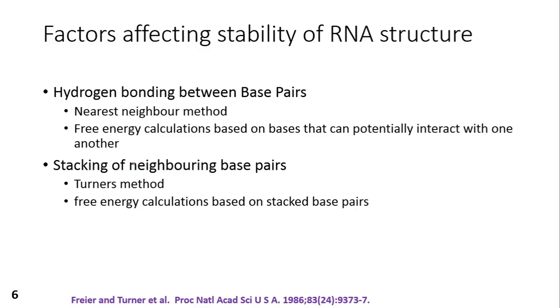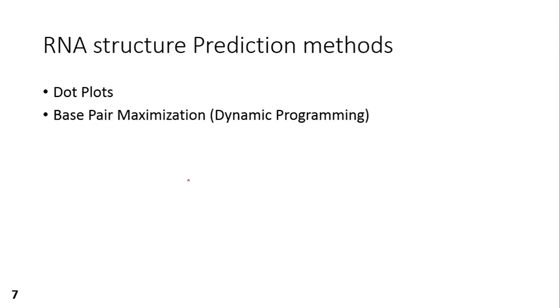Whatever free energy calculations were performed in Turner's method were based on stacking of base pairs. You can read the paper published in PNAS for more details of Turner's method and its contribution in stabilizing the RNA structure as such.